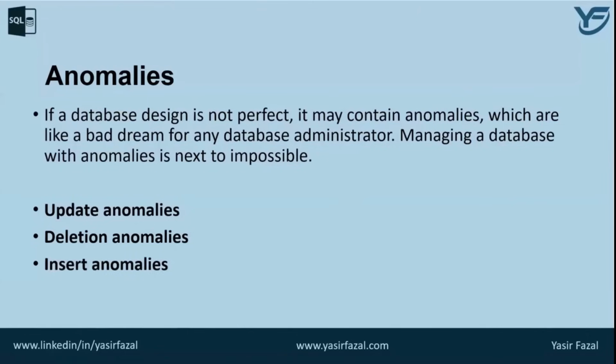And the other one is insert anomaly. We try to insert data in a record that does not exist at all. For example, I have a primary key foreign key relationship between two tables. Whenever I try to insert some data in table B, I get an insert anomaly because the parent table, table A, does not contain the parent row. So you can't insert the data.